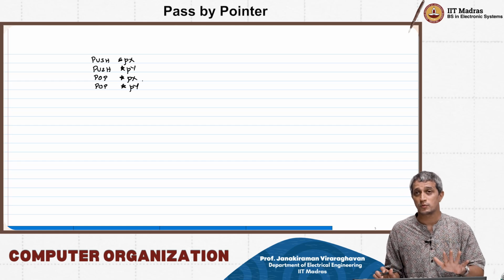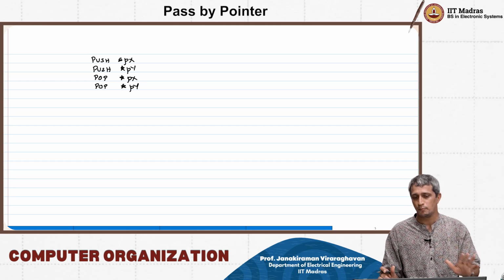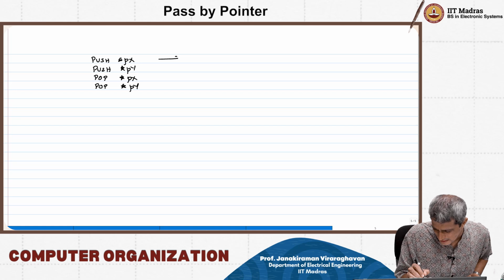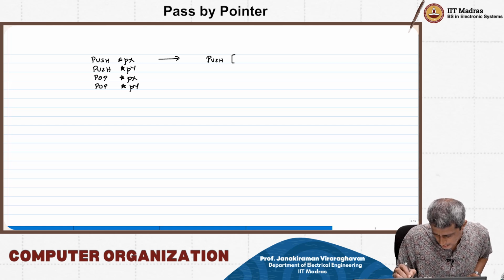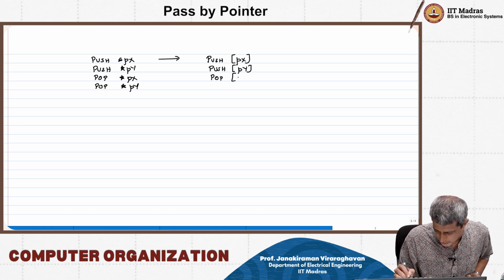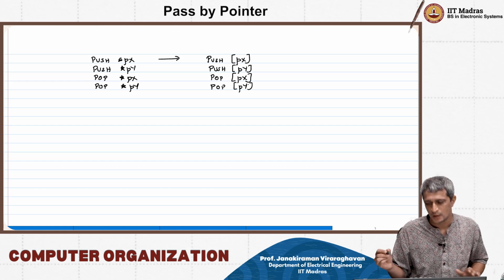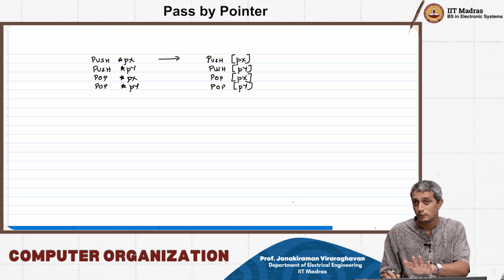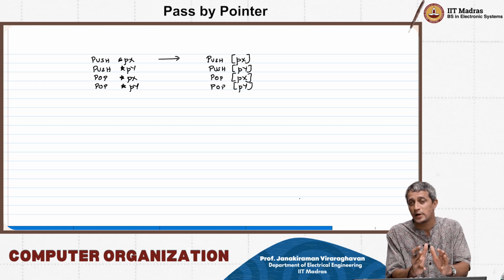This is what we effectively implemented, and it translates to push contents pointed to by px, push contents pointed to by py, pop contents pointed to by px, pop contents pointed to by py. This is what the statement effectively means.